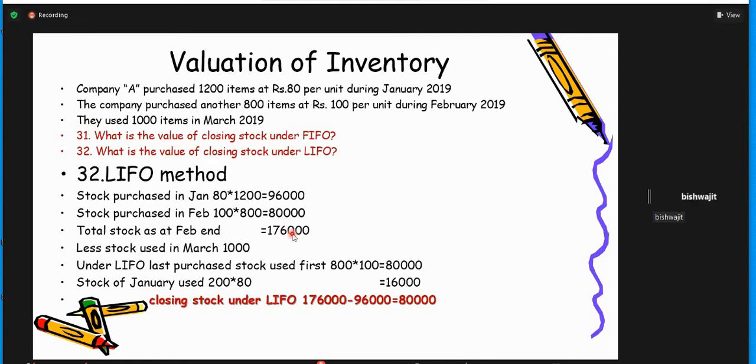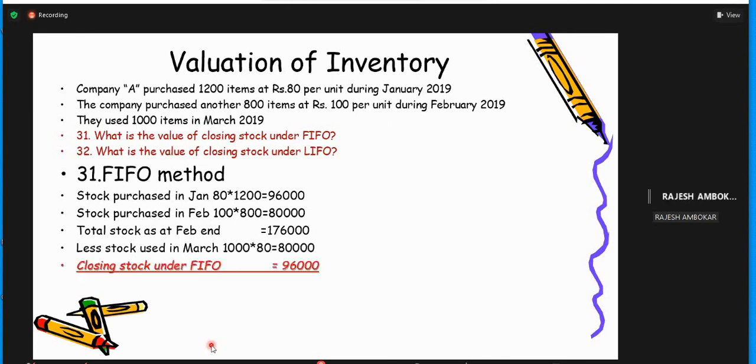96,000, how are you getting it, multiplying or subtracting? What are you doing, sir? 176,000 minus 80,000. The remaining is the closing stock. 176,000 is the total stock, and you subtract the March usage, so automatically you will get the closing stock.